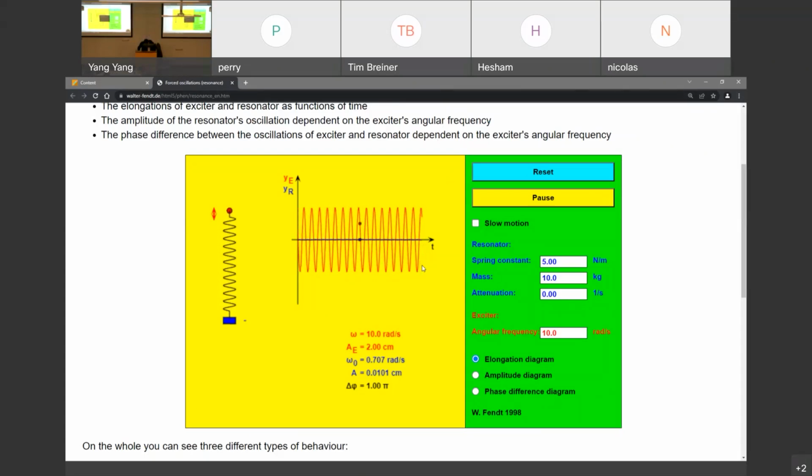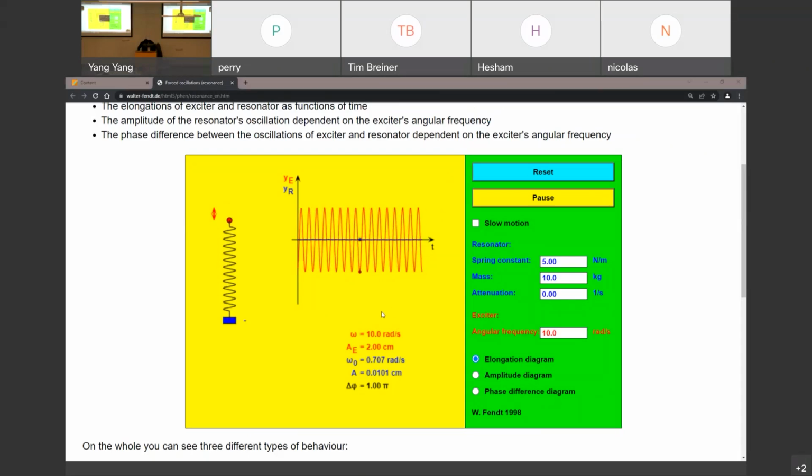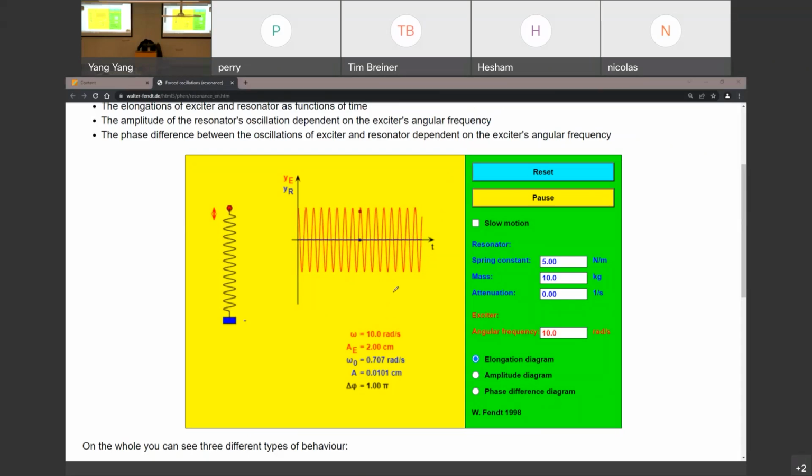So Nick, you want to put some notes here?